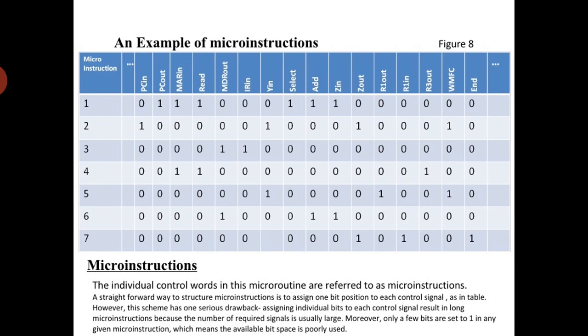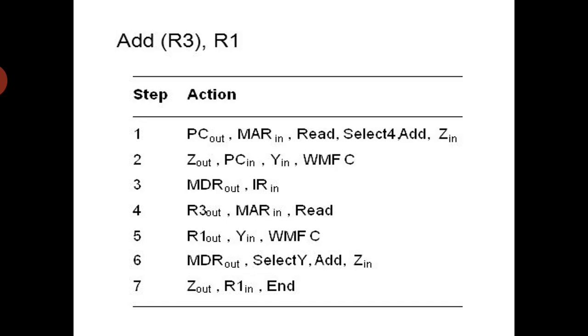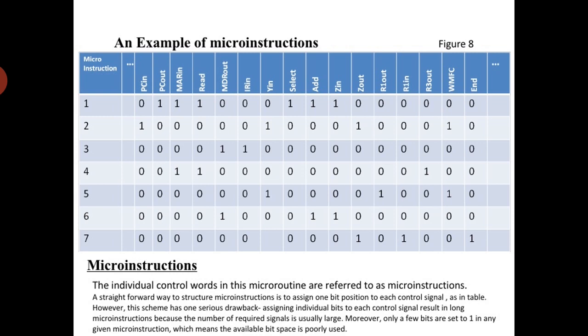In this way we will write the code word. Suppose in the case of the first instruction, what signals are activated? PC out, MAR in, read, select 4, add, Z in. So for writing the code word for this first microinstruction, we activate those control signals: PC out, MAR in, read, add, Z in.